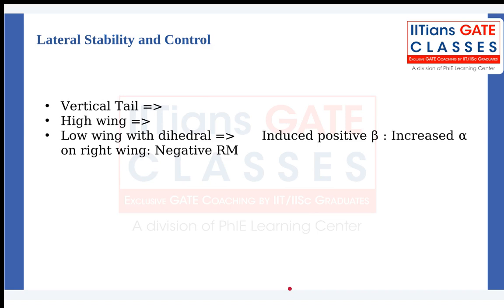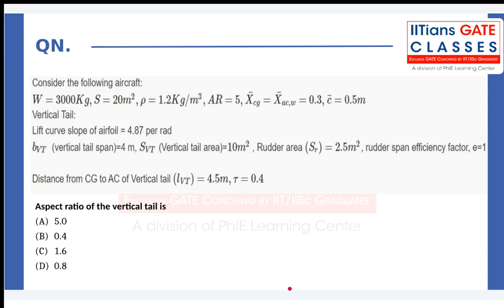Now let's look at the questions. See the data that's given to you. We have done similar questions for longitudinal stability. They're given the weight of the aircraft, area of the wings, density, aspect ratio of the wing, xCG, xAC of the wing to be the same as 0.3, mean aerodynamic chord, and details of the vertical tail. So lift curve slope of the vertical tail in per radians.